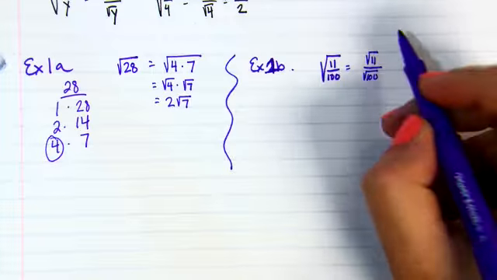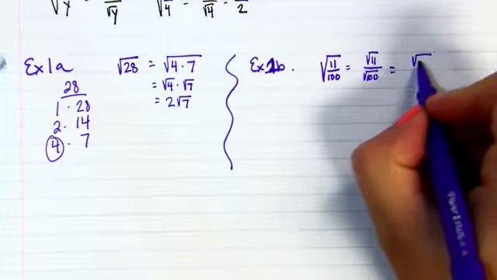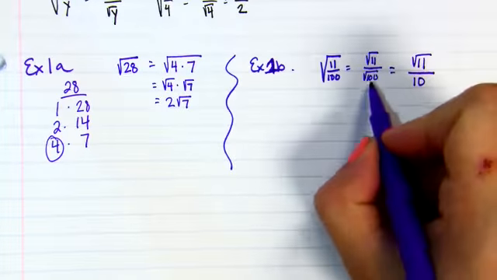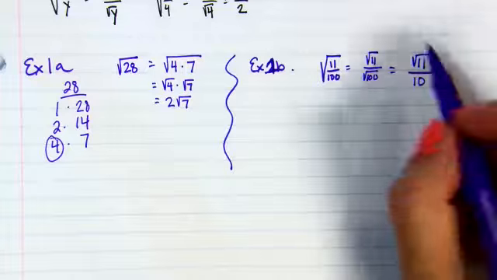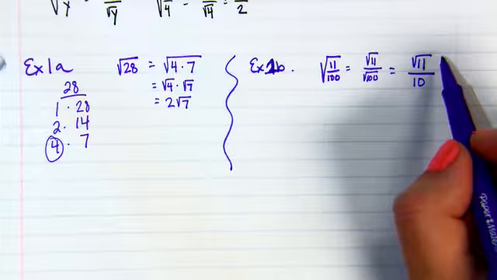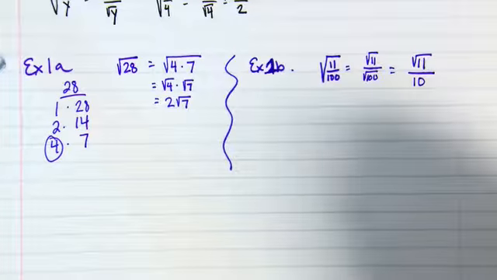No whole number squared gives me 11, so I'm going to leave that as the square root of 11. But the square root of 100 is 10, because 10 times 10 is 100. So the square root of 11/100ths could also be written as the square root of 11 over 10.